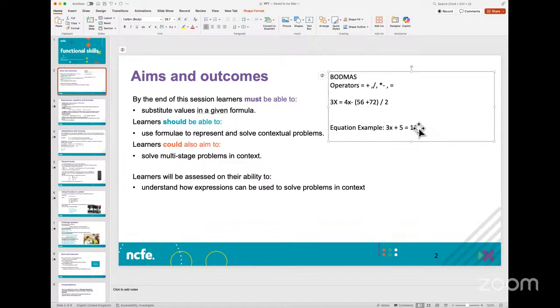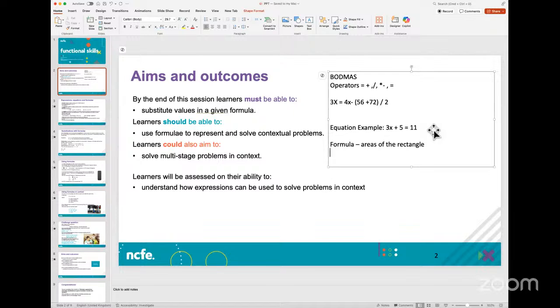Now, when I say formulae, consider calculating, for example, the area of a rectangle. For calculating the area of a rectangle, I would need to use an expression.